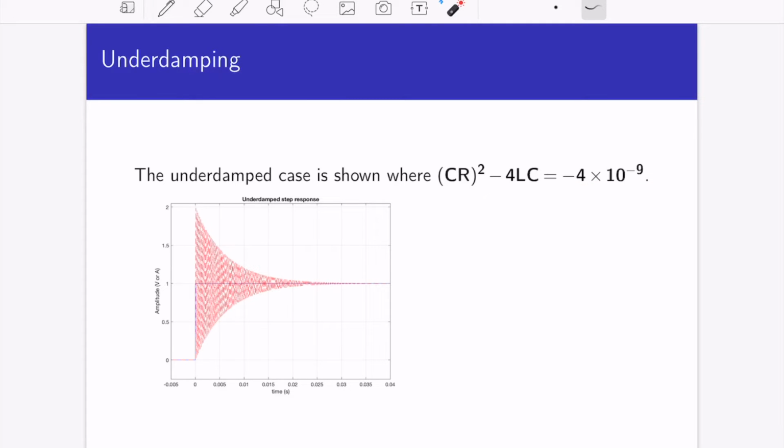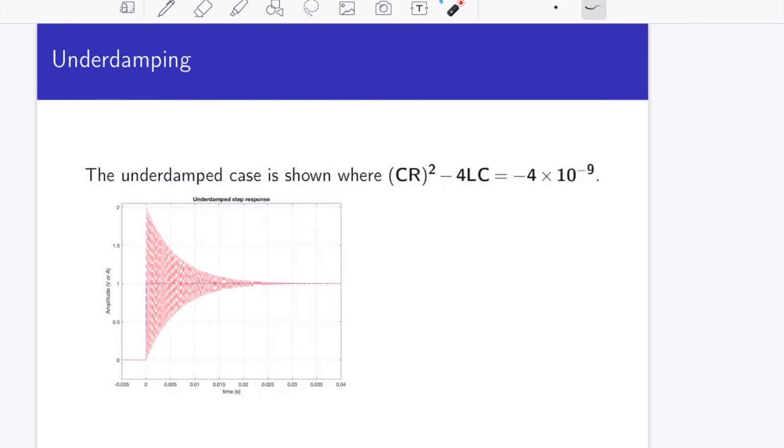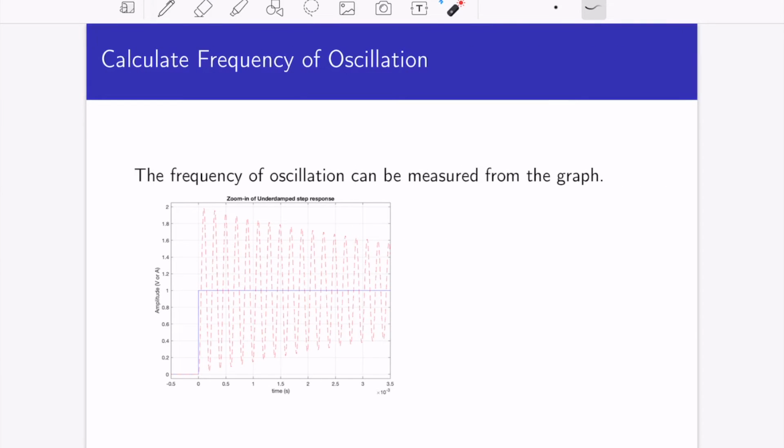We see that the output overshoots the value and then gradually oscillates as it approaches the final value it should be. We can zoom in on the oscillation portion and see the frequency of oscillation from the graph.